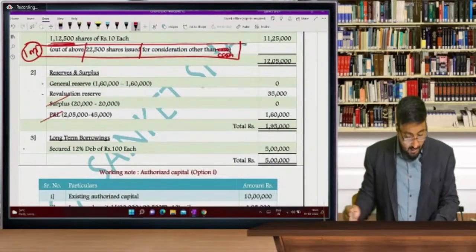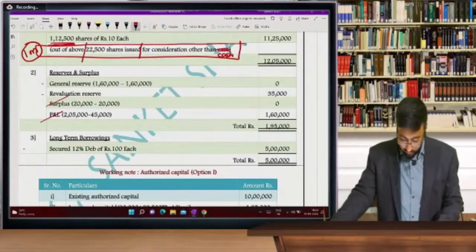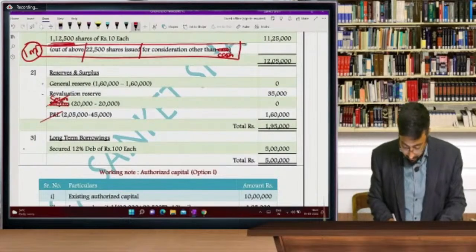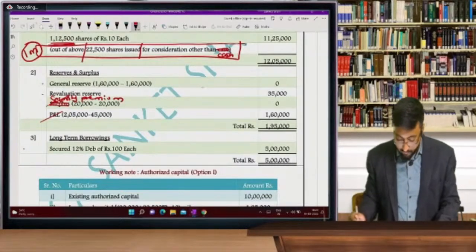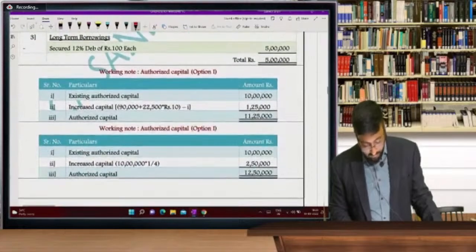Surplus and P&L. Revaluation reserve. Security premium, not surplus. Security premium. And then P&L. And long-term borrowings.